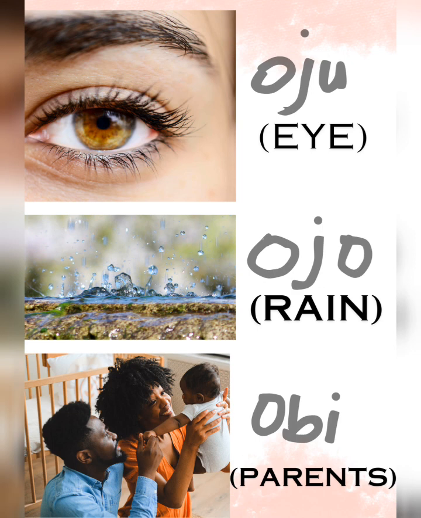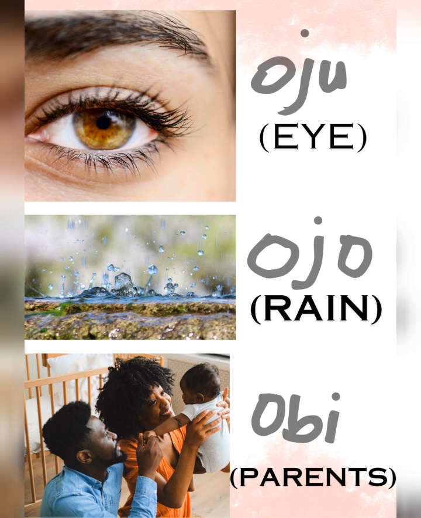Ojú, O-J-U. It means eye in English language, ojú in Yoruba language. It's part of the five sense organs and it's for sight. It's meant for seeing. Okay, so ojú, eye.